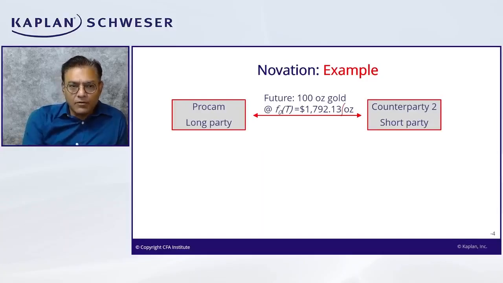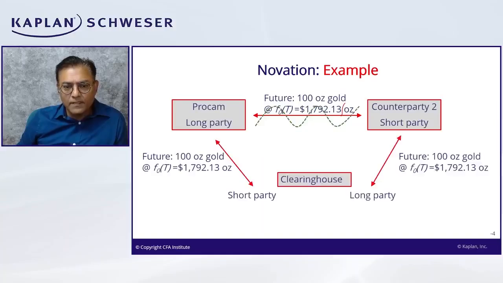The counterparty is the short party, whoever that party is. Now we break this contract up into two parts so that Procam is now trading with a clearinghouse, and the clearinghouse takes the short position.